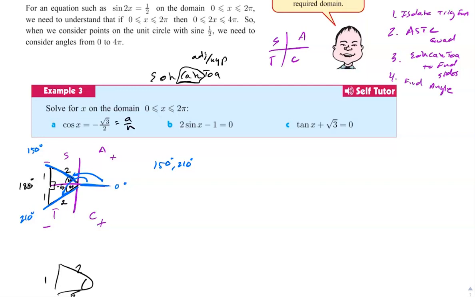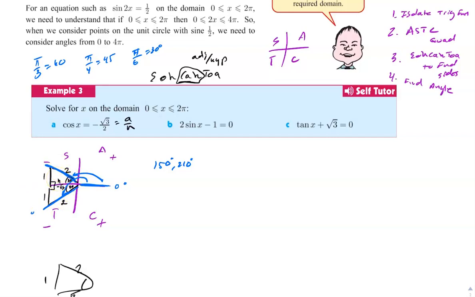In radians, it's a very similar idea, but instead you've got to memorize your radians. If you recall from before, pi over 3 is 60, pi over 4 is 45, and pi over 6 is 30. Since I have 30 right here, I know this is pi over 6.